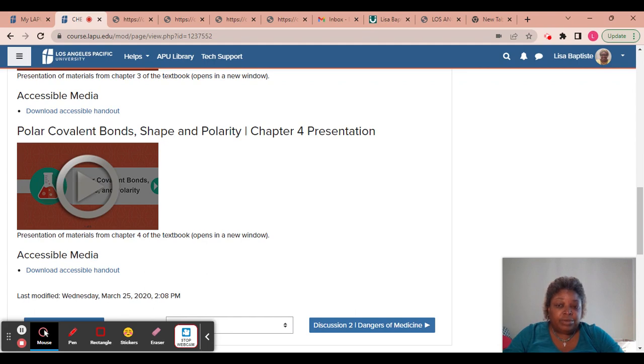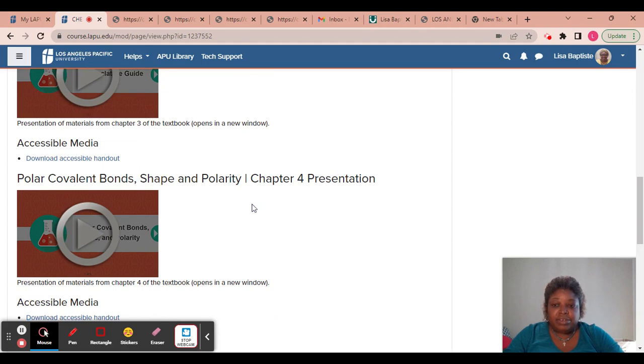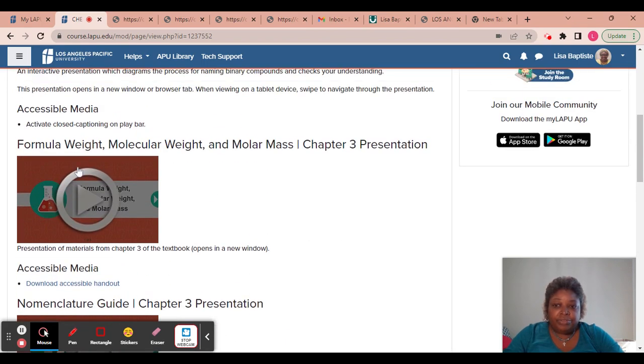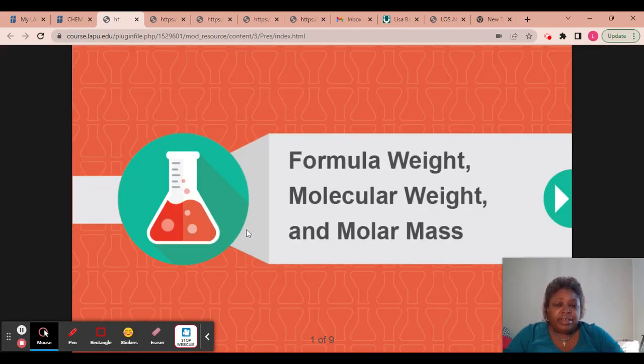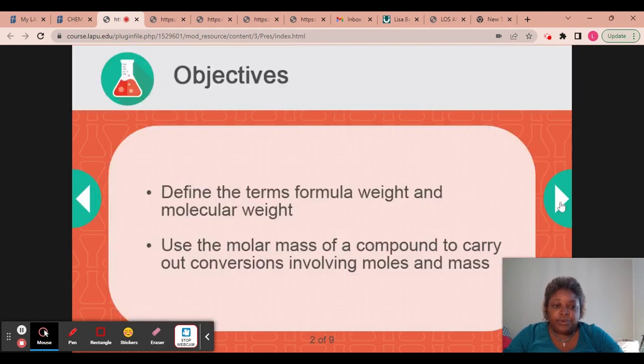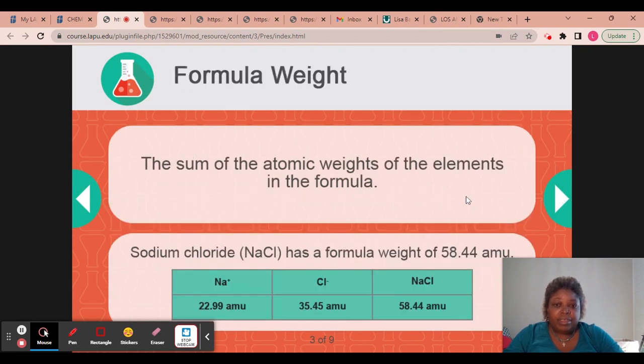We dealt with shape, polarity, covalent bonds, and so forth. But I want to go through this particular one. If you have questions on any of the other sections, please let me know. But I wanted to go through the calculations for this particular week.